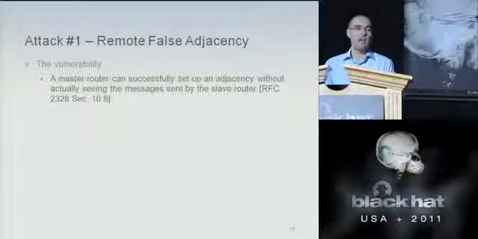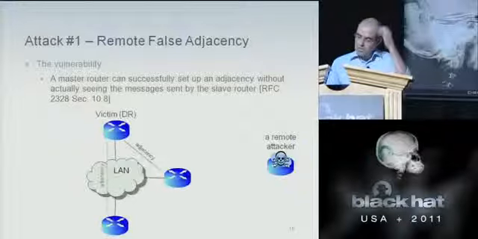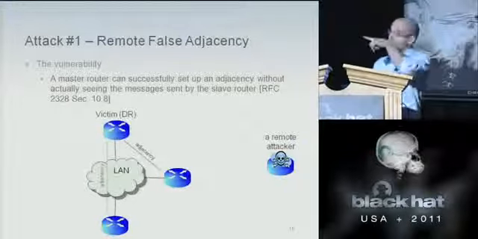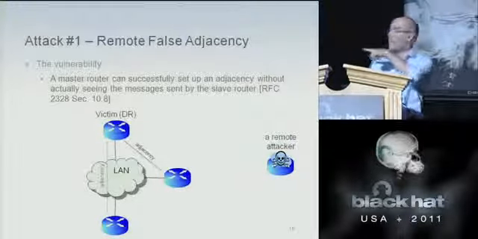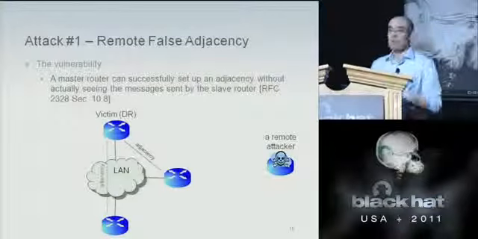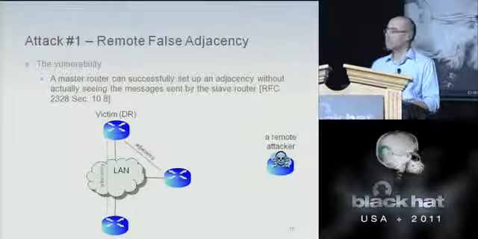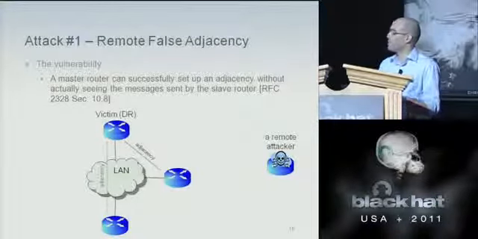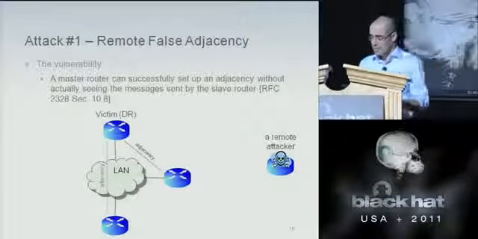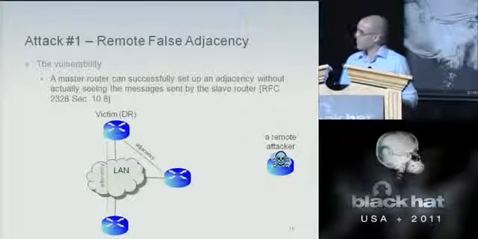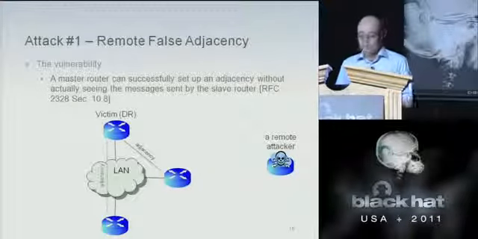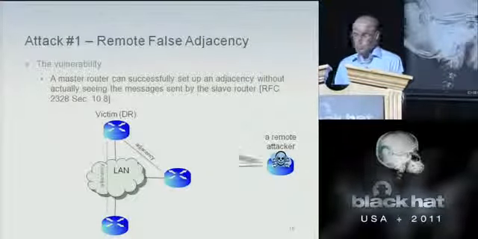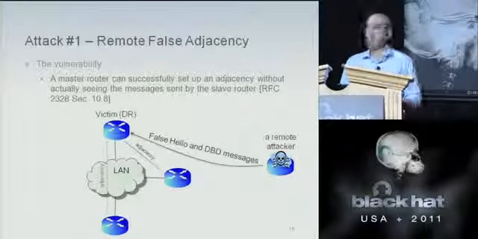And let's see how an attacker can exploit this vulnerability. So let's say we have the victim router, which is the designated router on its LAN. Let's say it has two neighbors it already set up an adjacency with. And now the remote attacker will send out false hello and database description messages directly to the victim router.